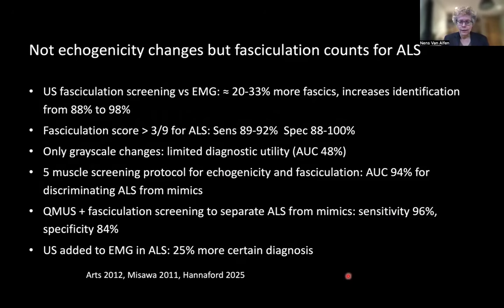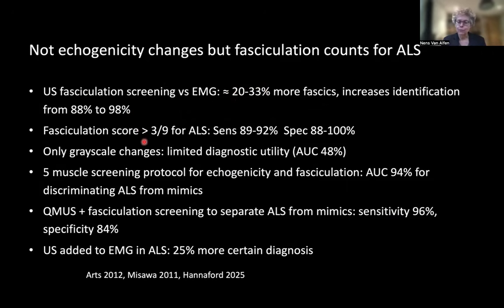It's been shown a couple of times over the years that it's not the echogenicity changes per se, but the fasciculations and their counts that make ultrasound a very good diagnostic tool to augment your diagnosis for ALS. Just using ultrasound to detect fasciculation will give you about 30% more fasciculations, increasing their identification to almost maximum.